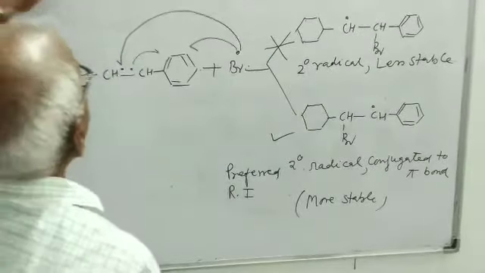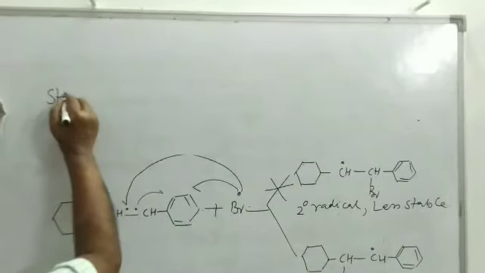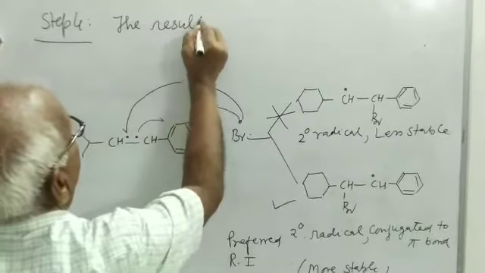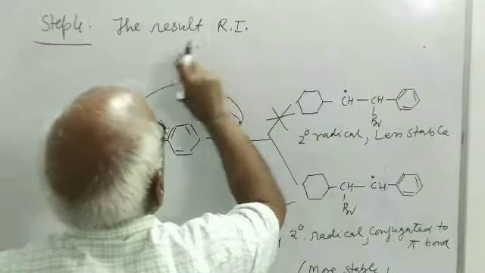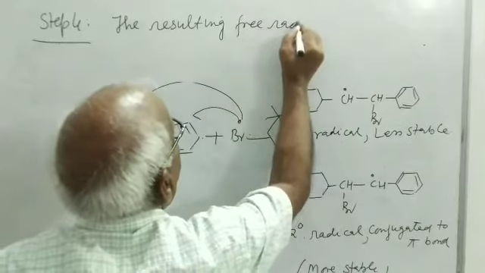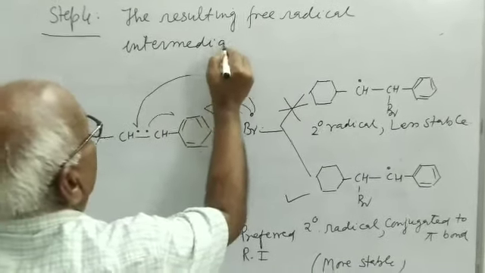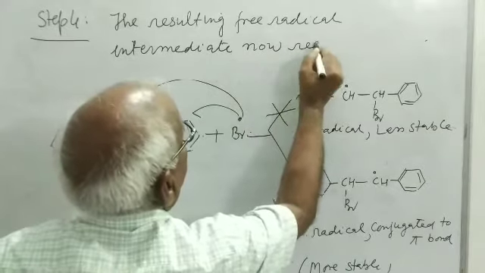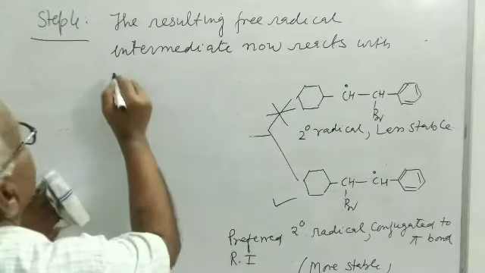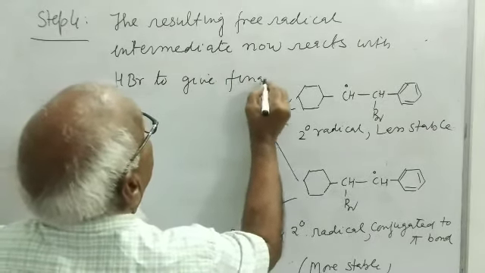Now the fourth step is the resulting free radical intermediate now reacts with HBr to give the final product.